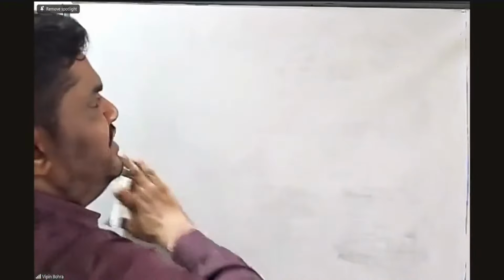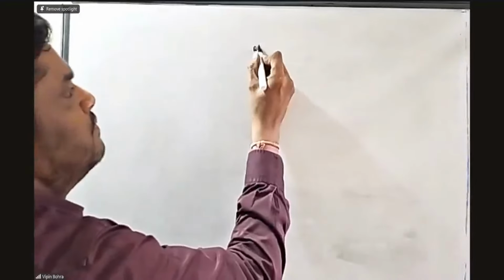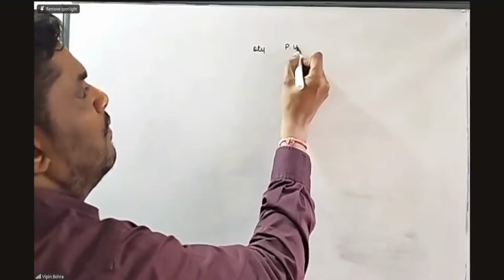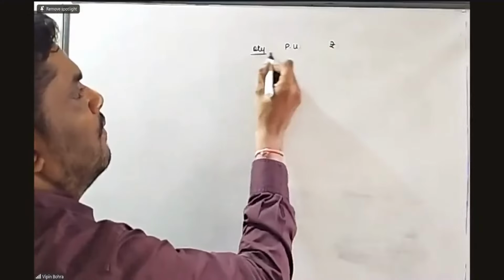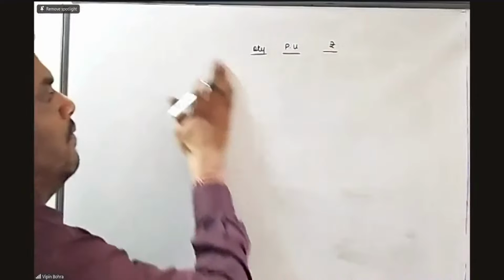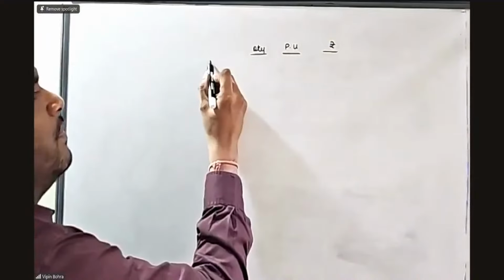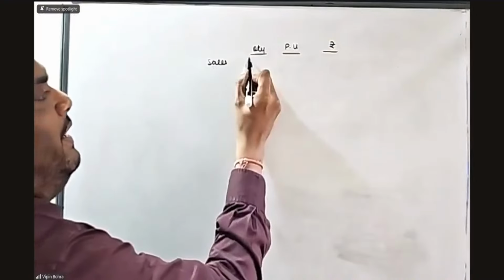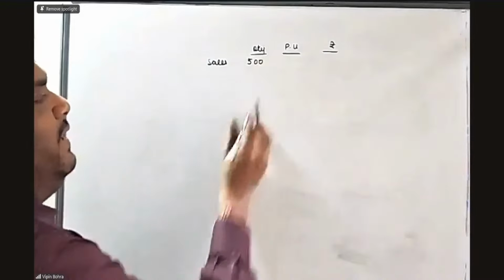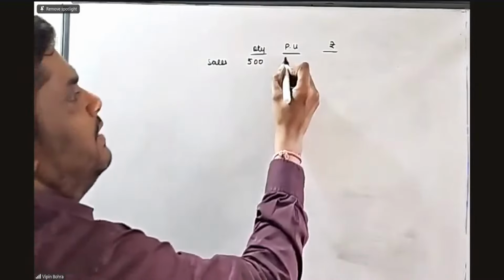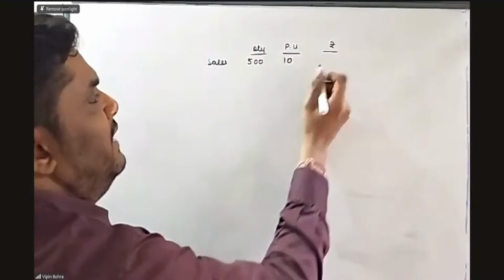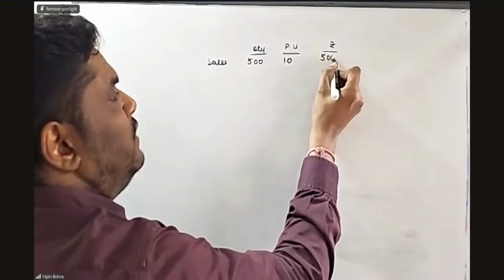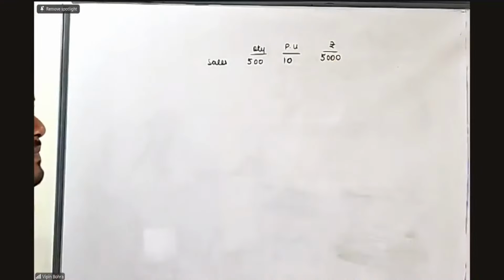Let's take one more question. Let's say my sales is 500 units. The selling price per unit is 10. So my total sales will be 5,000.